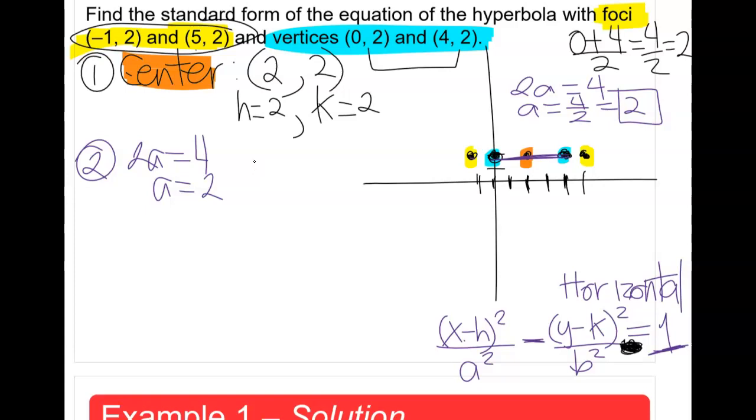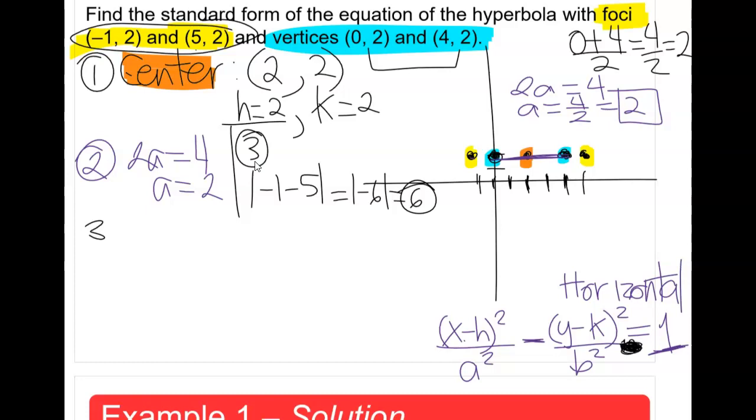Now, what should we do next? Well, we should find c, and that would be our third step. For c, we could use the distance between the foci, and the distance will be the absolute value of the difference, and that will be the absolute value of -6, which is 6, and that represents 2c.